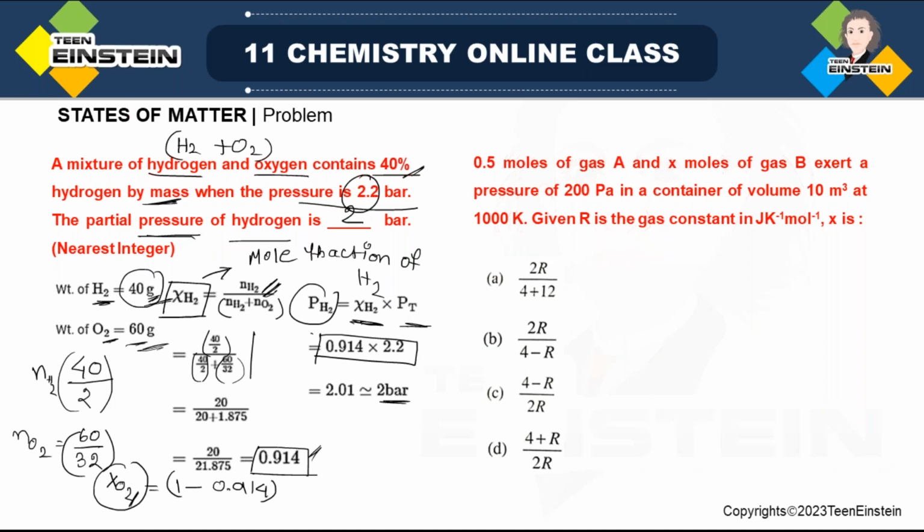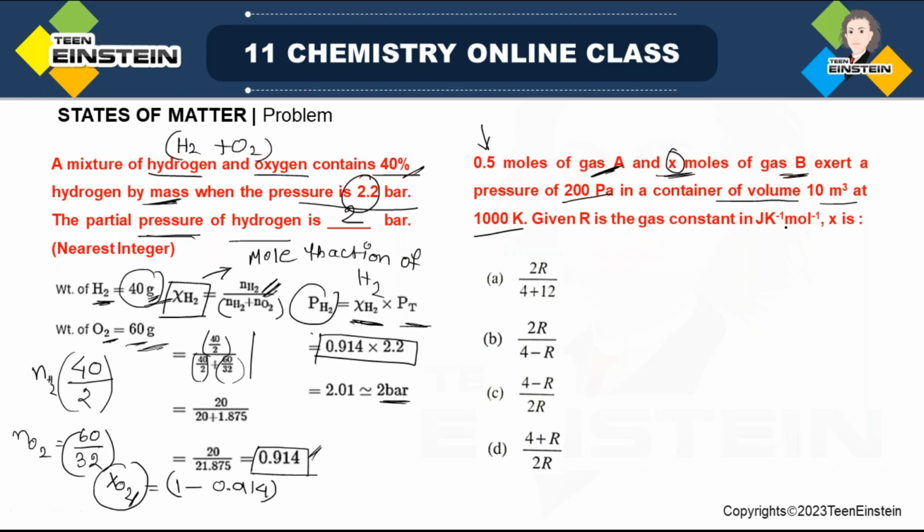Next question: 0.5 moles of gas A and X moles of another gas B. So we know exactly the moles of A, but for the other component it is given in terms of X. They are exerting a pressure of 200 Pascal in a container having volume 10 to the power meter cube, temperature 1000 Kelvin.